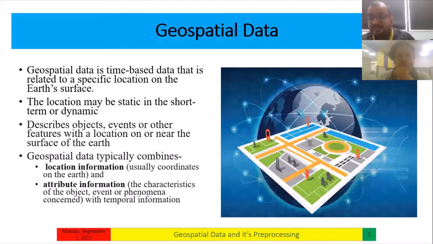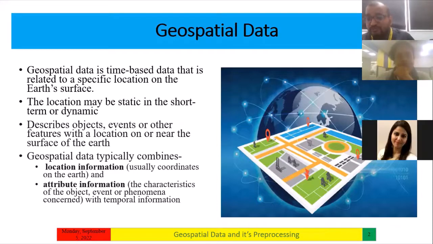But if I say dynamic location, we are talking about events or natural phenomena which do not stay at a single position but move from time to time. For example, there are different kinds of cyclones. Recently in 2020, Amphan was experienced by the coastal regions of Odisha and Kolkata.